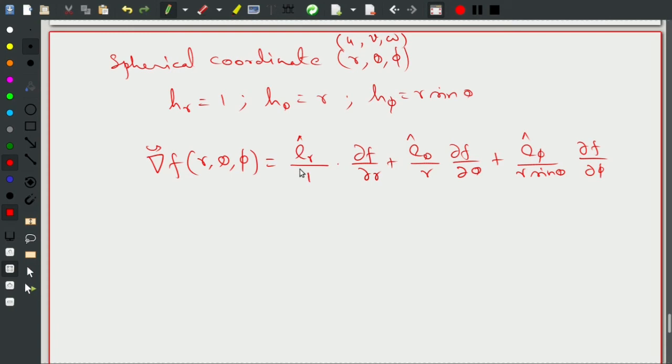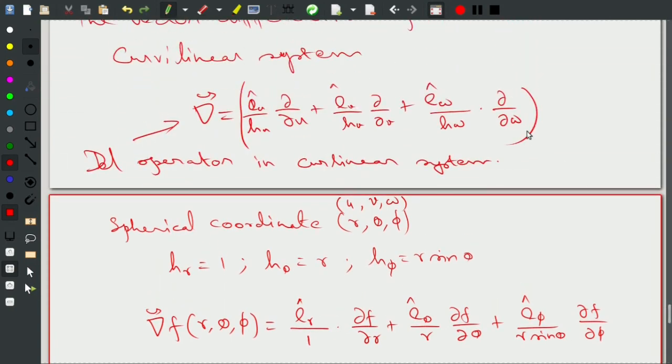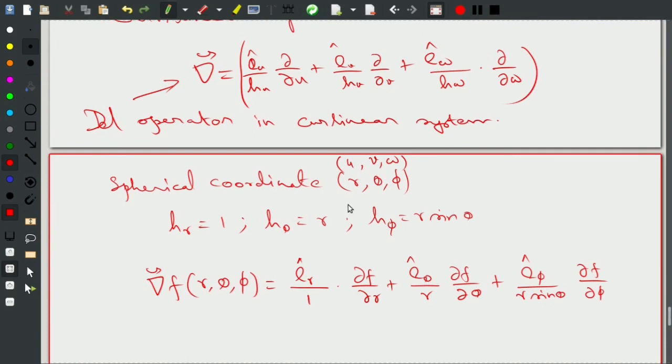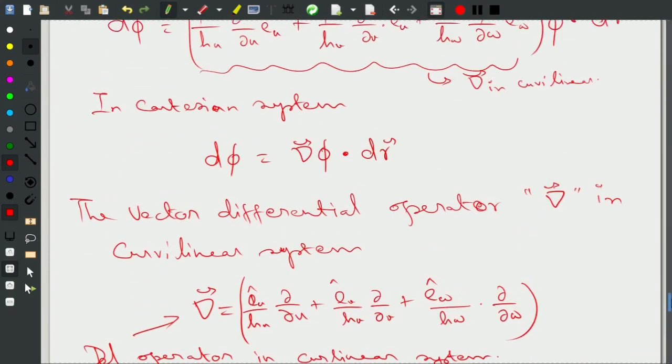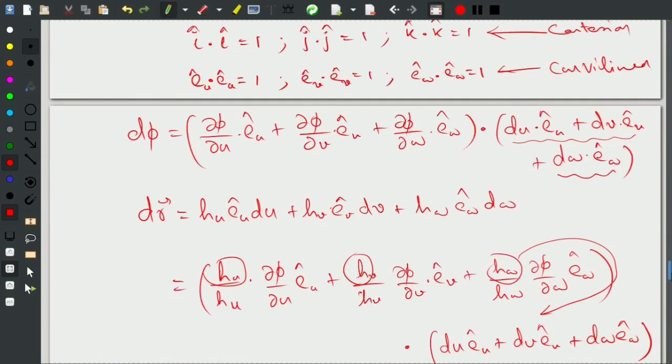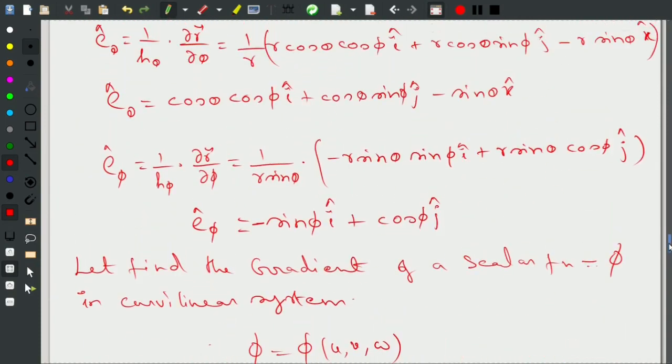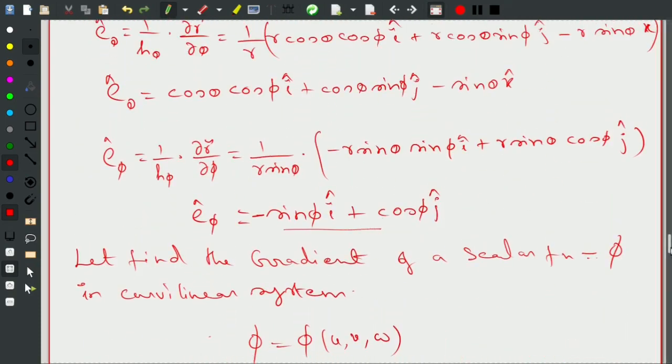It's an example of using the gradient found in generalized curvilinear coordinates, and we apply the parameters u, v and w for the spherical coordinates. This is the expression for gradient, and er, e theta and e phi are the unit vectors along r, theta and phi, which were worked out earlier.